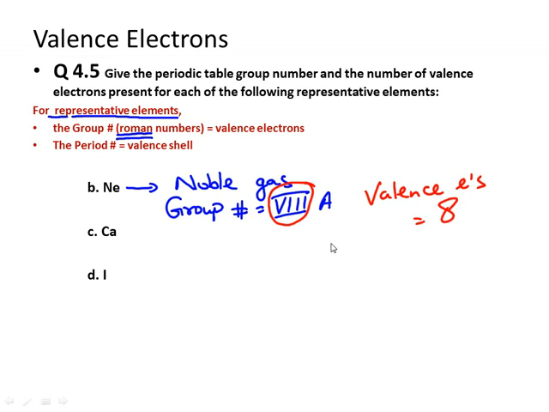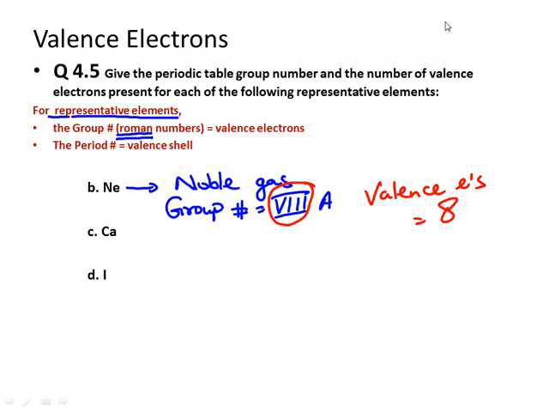The outermost shell for neon will consist of 8 electrons. Now, just FYI, which shell is the valence shell for neon? You're right. Since neon lives in the second row or the second period, that means it's the second shell which is going to be the valence shell, and the second shell in this case will have 8 electrons.